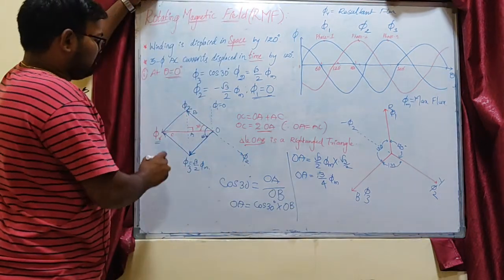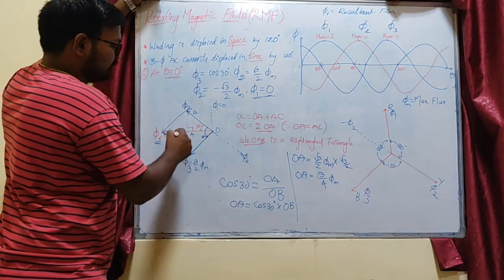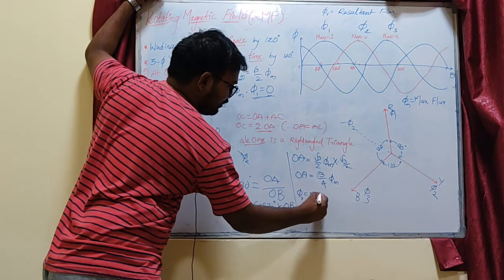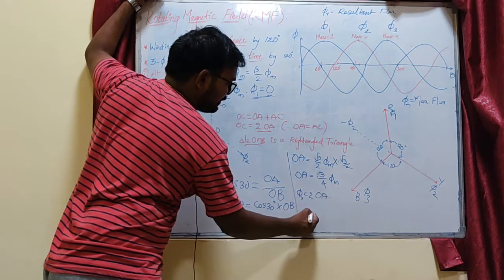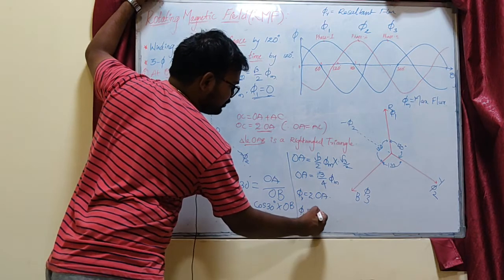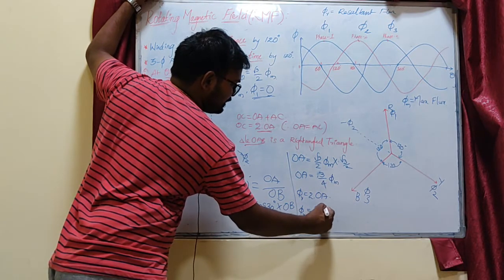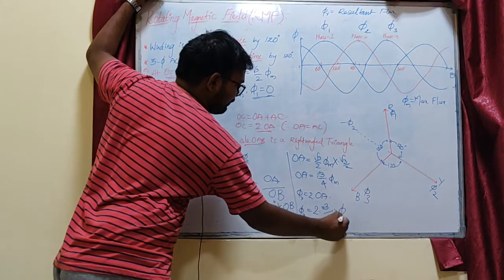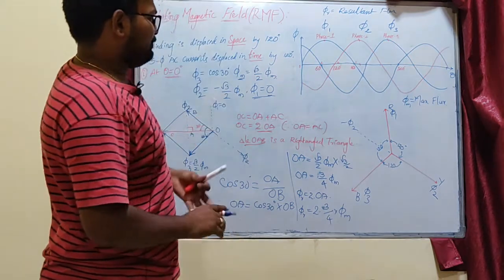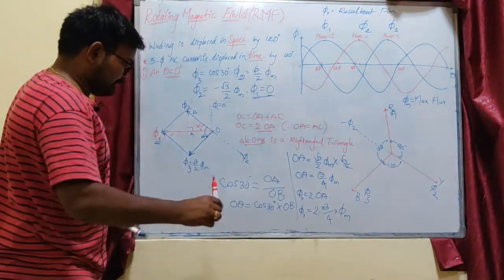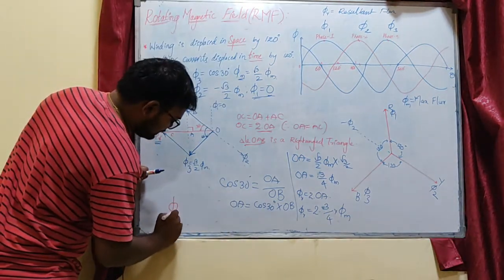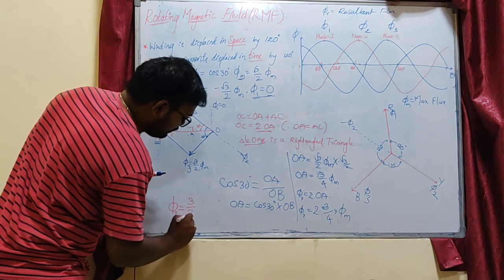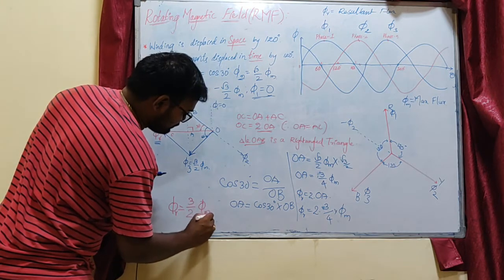In order to find pi r, which is OC, the pi r will be 2 times OA. So, the resultant flux will be 2 times OA, that is 2 into 3 by 4 pi m. So, finally, I write here the pi r value, that is the resultant flux at the instance 0, will be 3 by 2 into pi m.